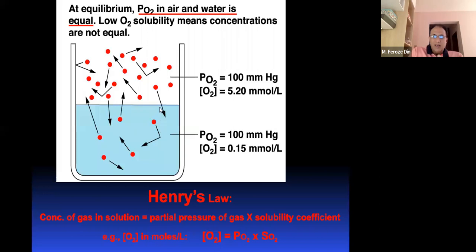So, for example, if the pressure of oxygen above a certain solution is 100 millimeters of mercury, some oxygen would dissolve depending on the solubility coefficient of oxygen, but the amount of oxygen that has dissolved would still have a pressure exactly the same as the one above it, which obviously is true because there has to be equilibrium. That's how the two gases would remain in equilibrium. So please remember Henry's law of gases in solution and solubility coefficient.